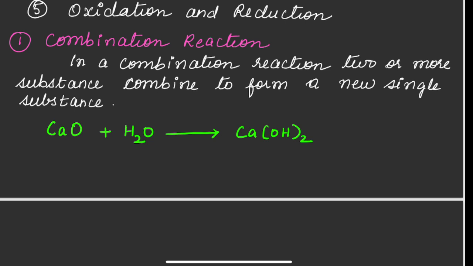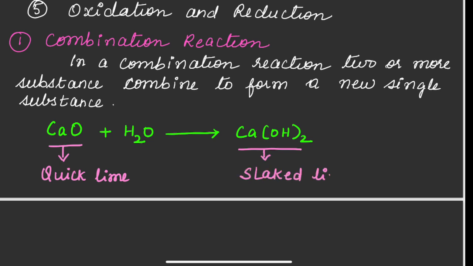Here, calcium oxide is called quicklime. This name you should learn, quicklime. And calcium hydroxide is called slaked lime. And during this reaction, you can see heat will be given out.